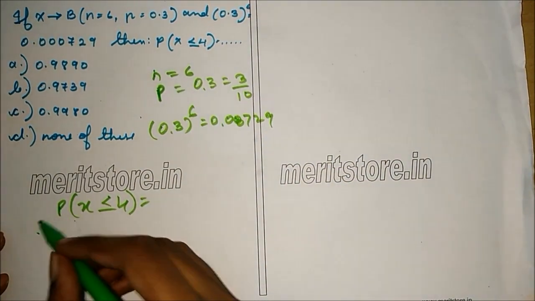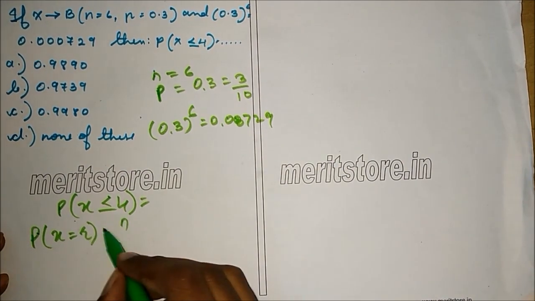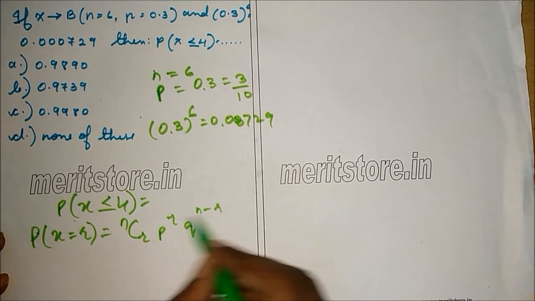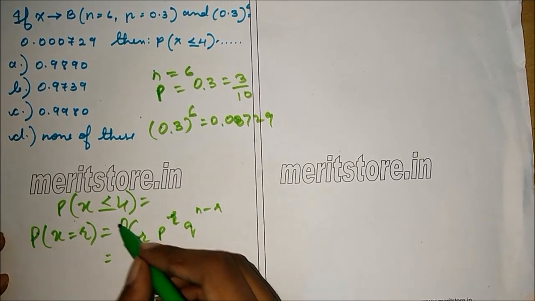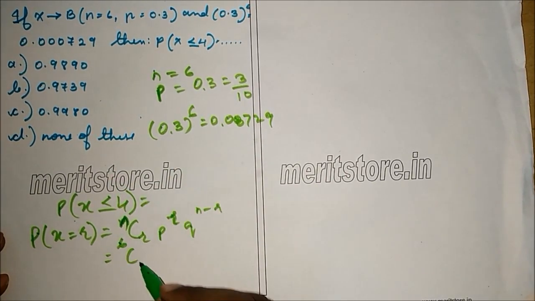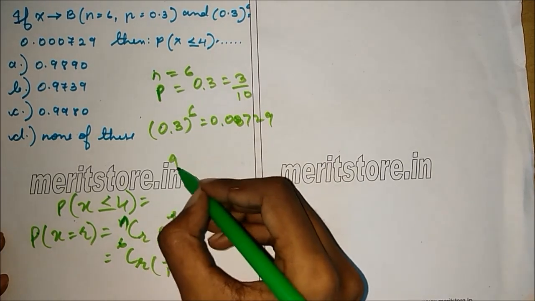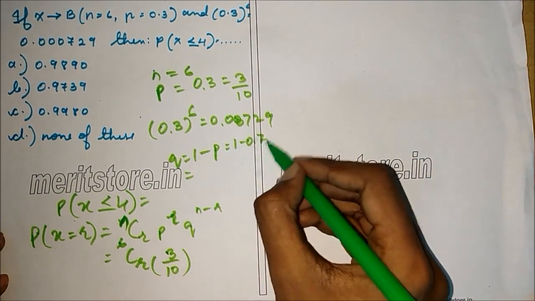Now let us find the general probability. P of x equals r is nCr p raised to r q raised to n minus r. So here n is 6 CR, p is 3 by 10. So q is 1 minus p, that is 1 minus 0.3, which is 0.7.